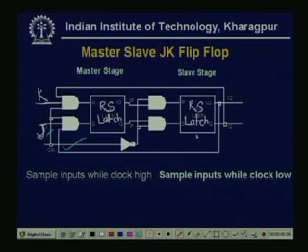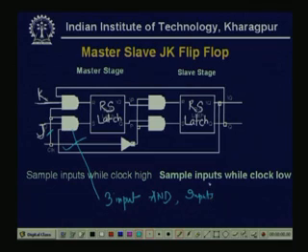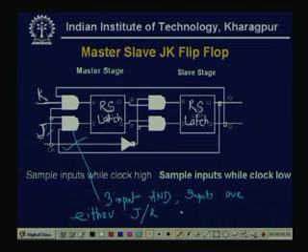For this type of flip flop, see the AND gate, it is a 3 input AND gate instead of 2 input, and the inputs are either J or K, the clock and the feedback.